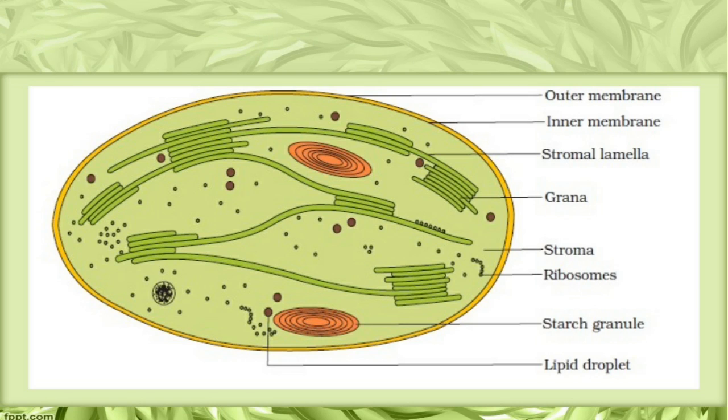In the stroma, ribosomes are there. DNA is there, 70S type. Starch granules are there, lipid droplets are there.